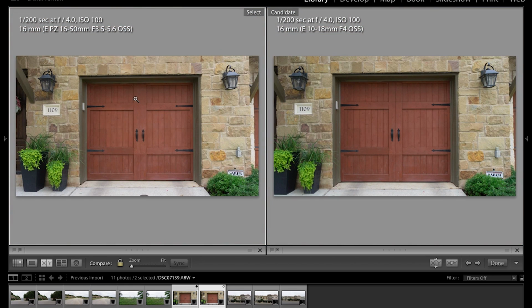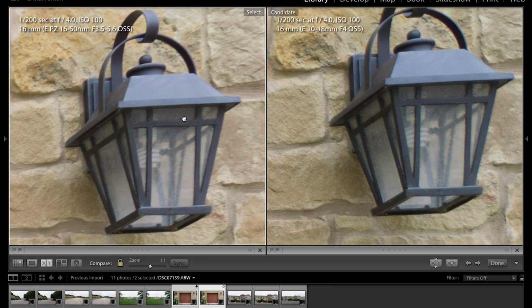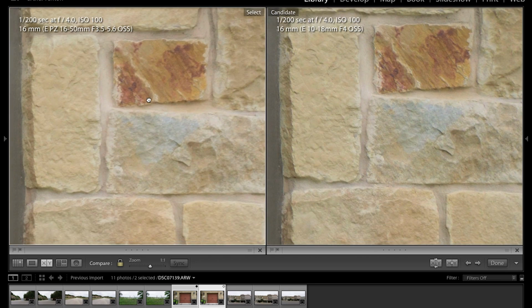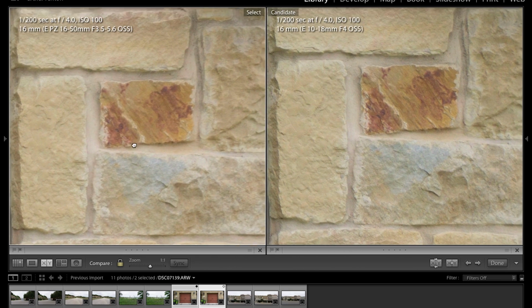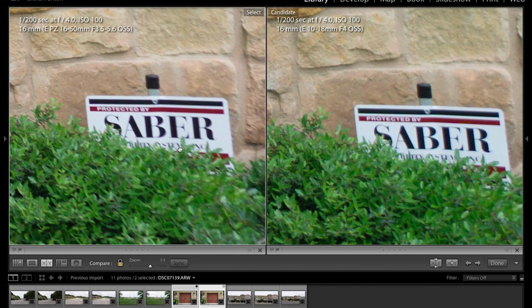The colors look a little better on the 10-18. I would say, yeah, the kit lens is looking slightly sharper. Take a look at the sign here. It's close.